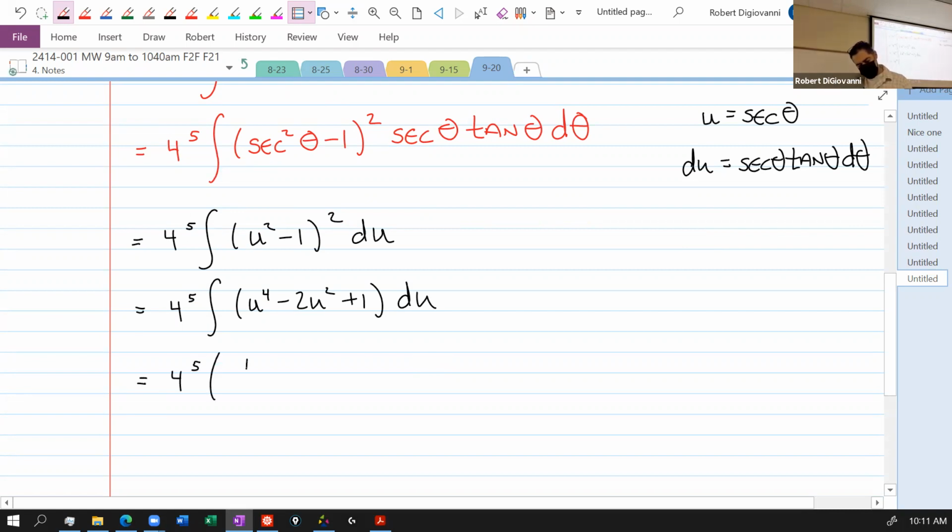Here comes the antiderivative, 1/5 u to the 5th minus 2/3 u to the 3rd plus u plus c. I'm not going to take it any further.